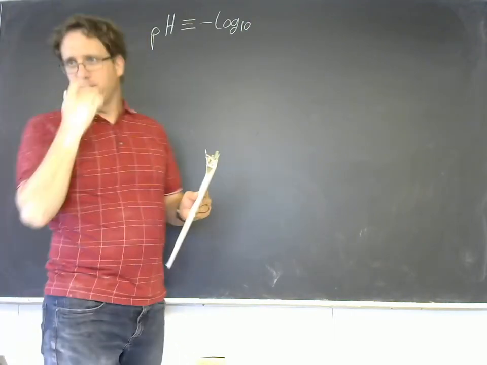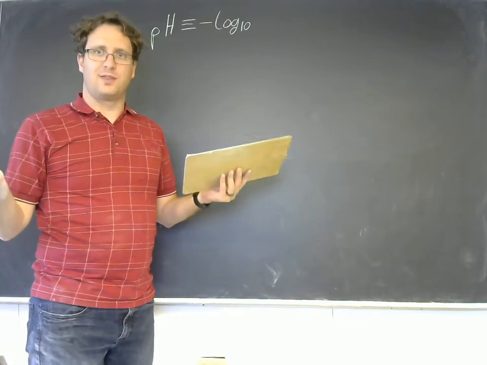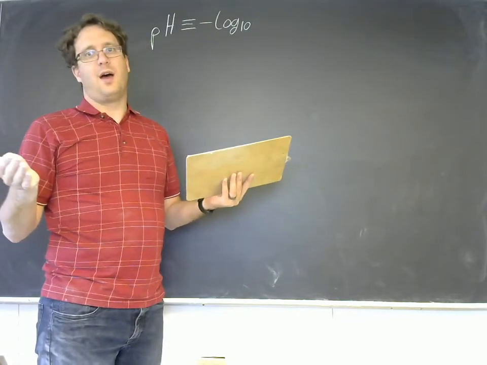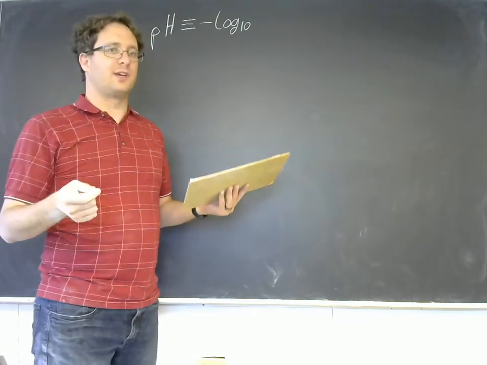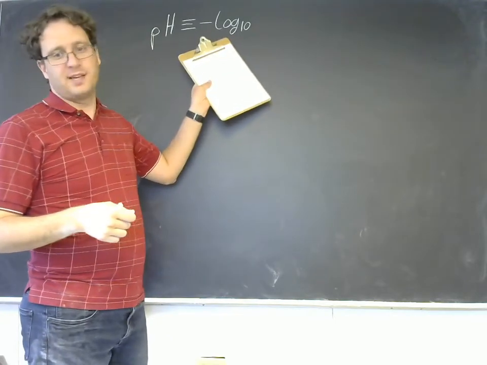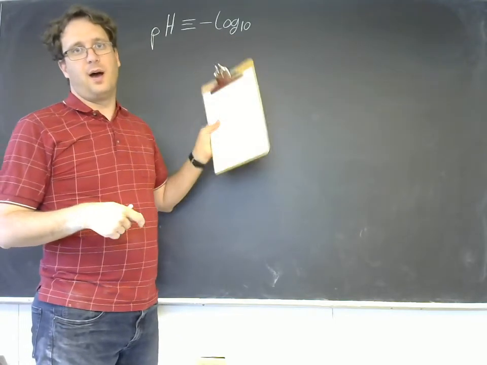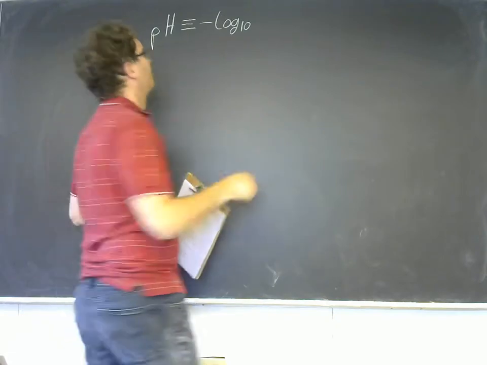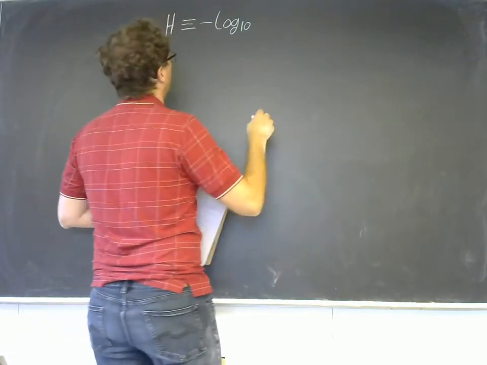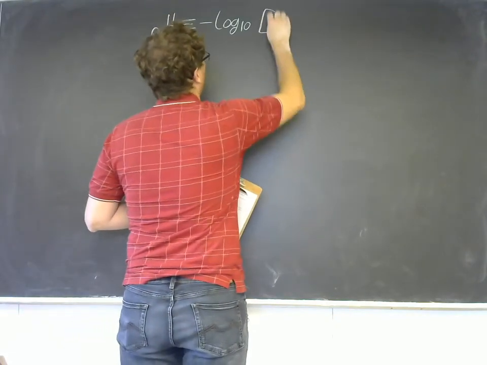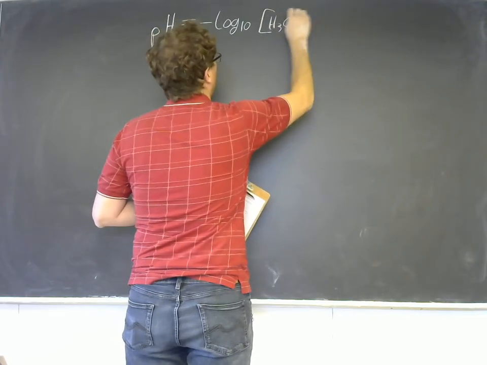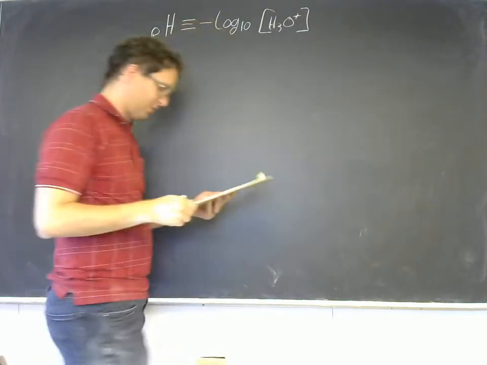And so unlike what we've been doing with the Arrhenius equation in the kinetics chapter and things, you're going to have to find your base 10 log button on your calculator. So that's the base 10 log of the H3O plus concentration.